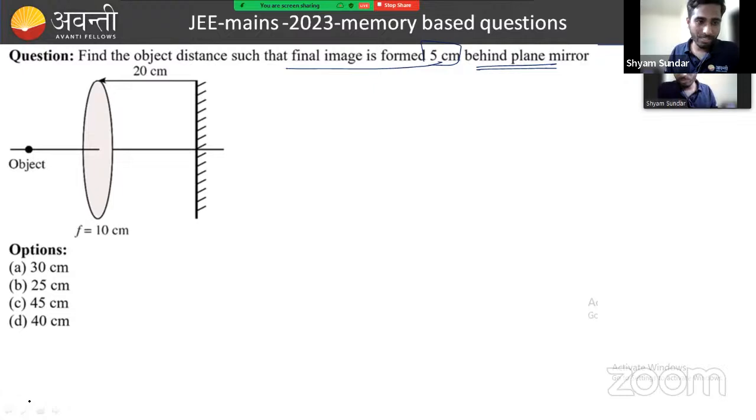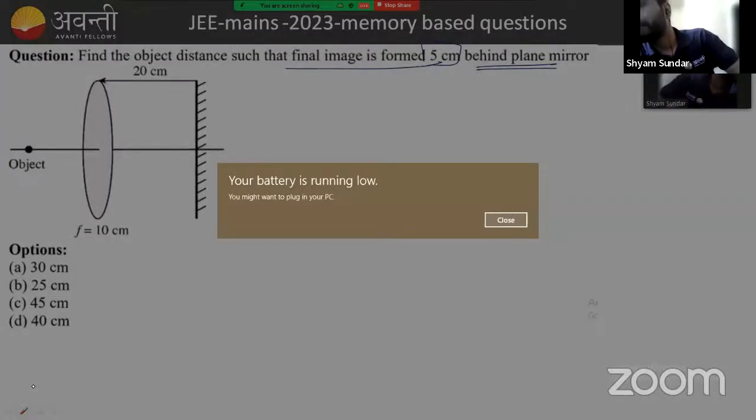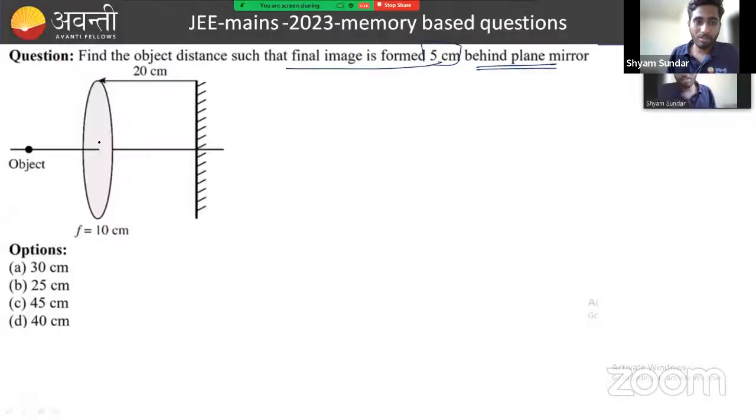Look at this figure once properly. This is a convex lens. From the convex lens to the mirror, the distance is 20 centimeter. This is saying the final image is formed 5 centimeter behind the mirror.